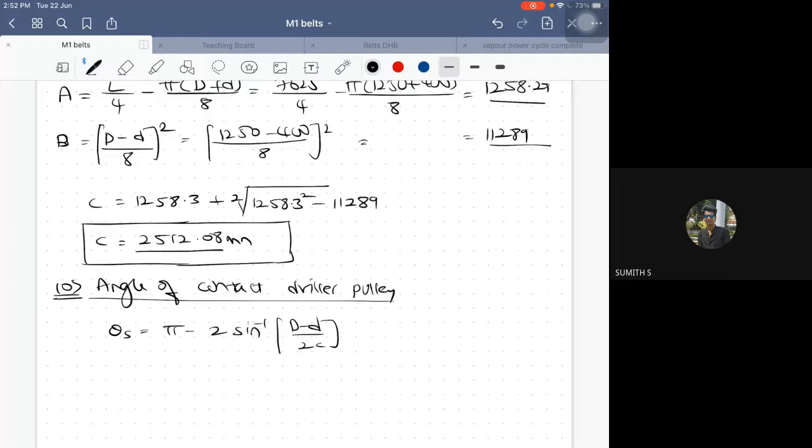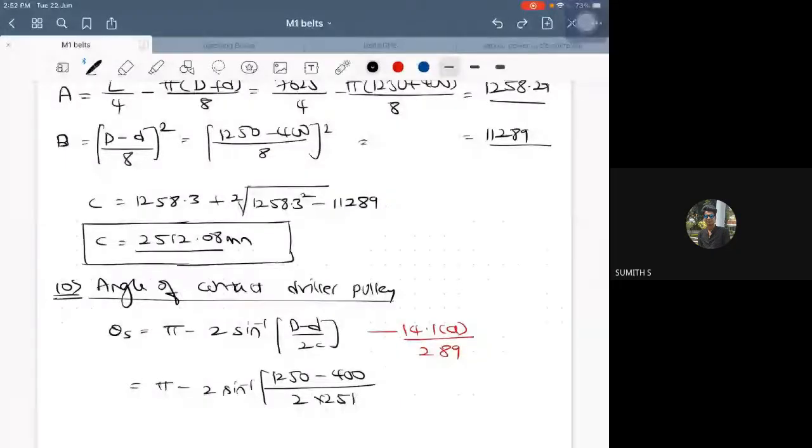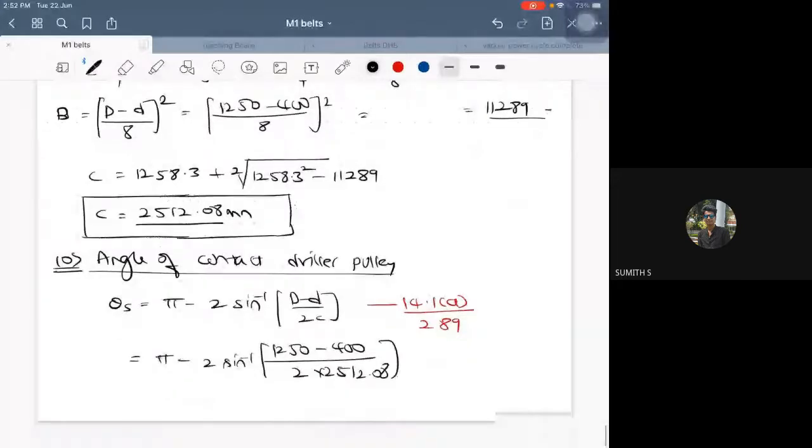This equation is taken from 14.1a, on page number 289. Substituting the values, you have pi minus 2 times sine inverse of (1250 minus 400) divided by 2 times 2512, giving the value of theta s.